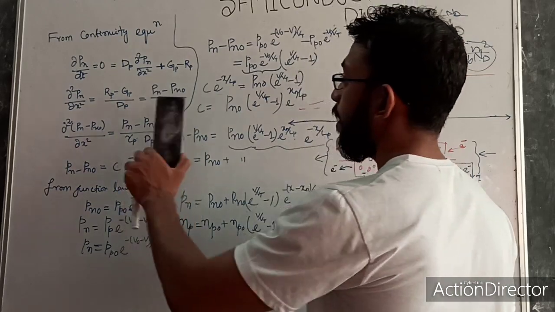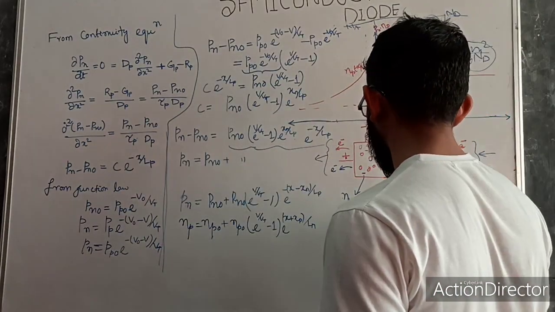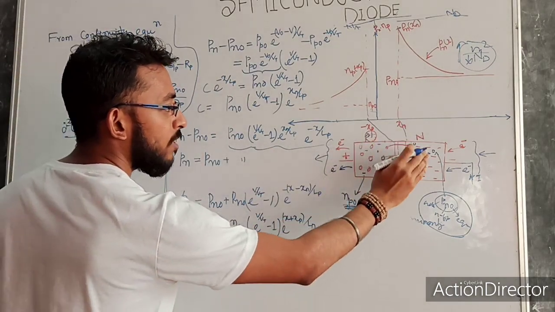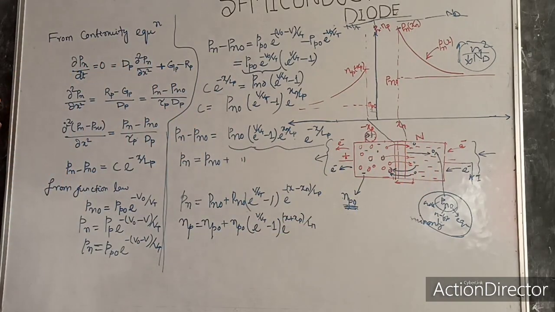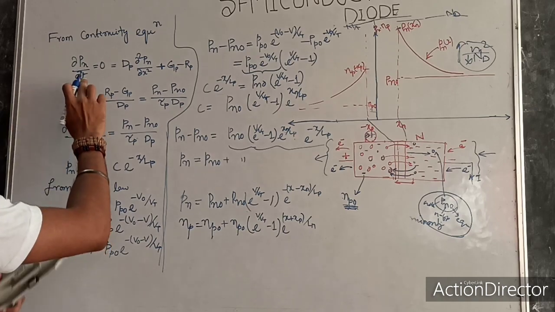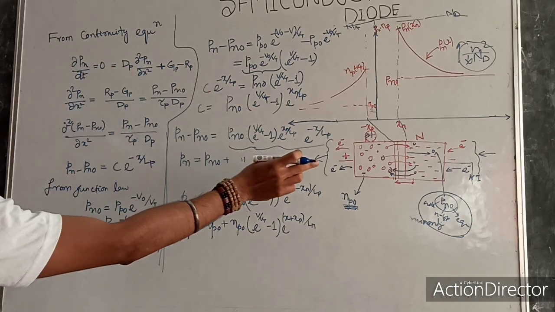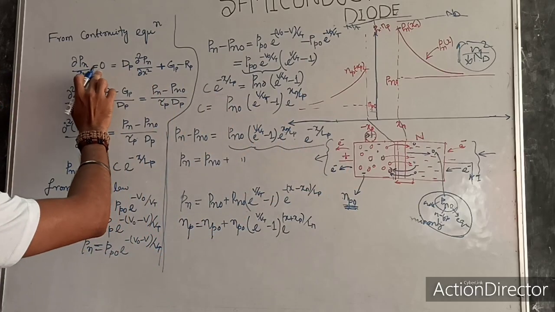Now the concept came from the continuity equation, according to which we are going to derive the current, how much current is flowing over here. The continuity equation says that as time passes, the change in the number of excess electrons or excess holes is equal to 0.